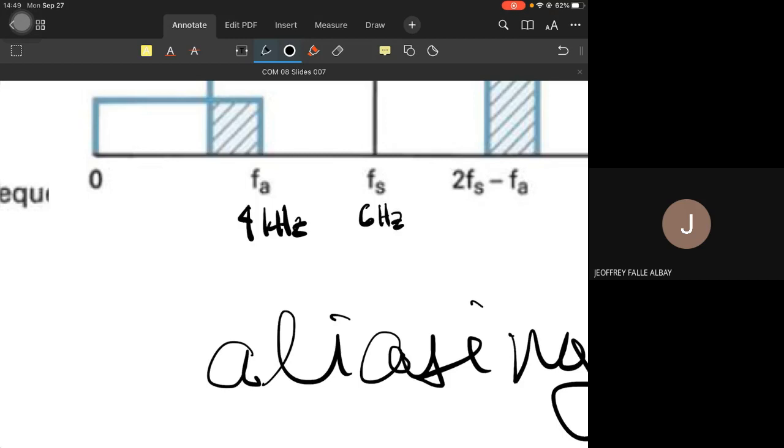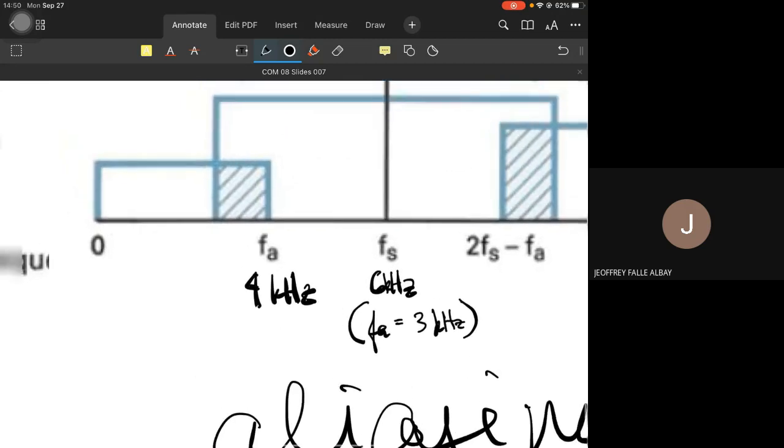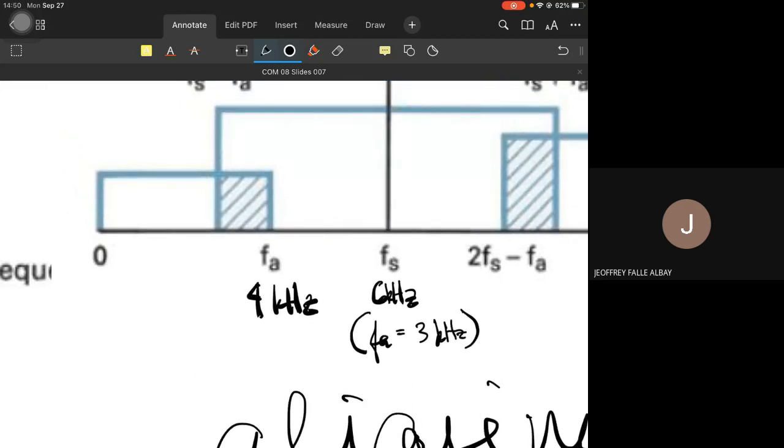So with 6 kilohertz, we assume the maximum Fa is only 3K, right? 3 kilohertz. So the bandwidth of our output signal will overlap with the bandwidth of the input signal.